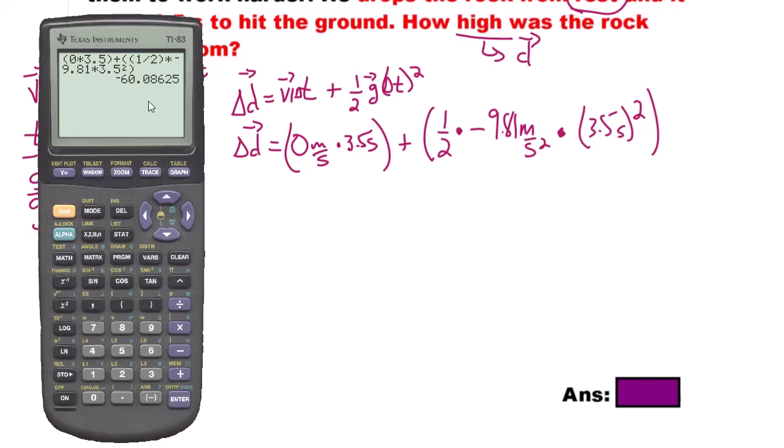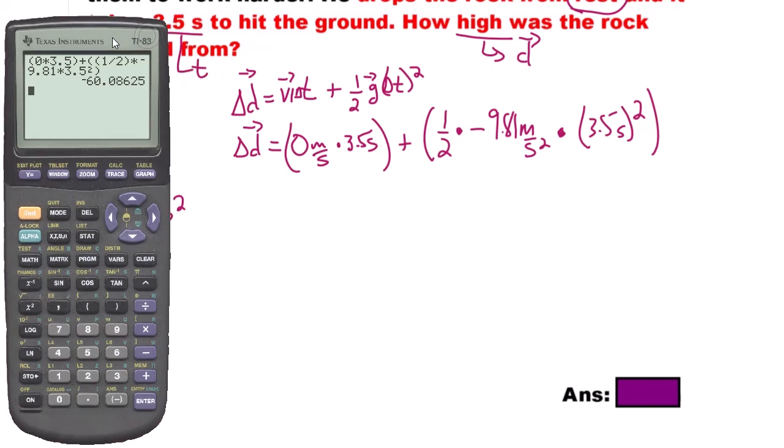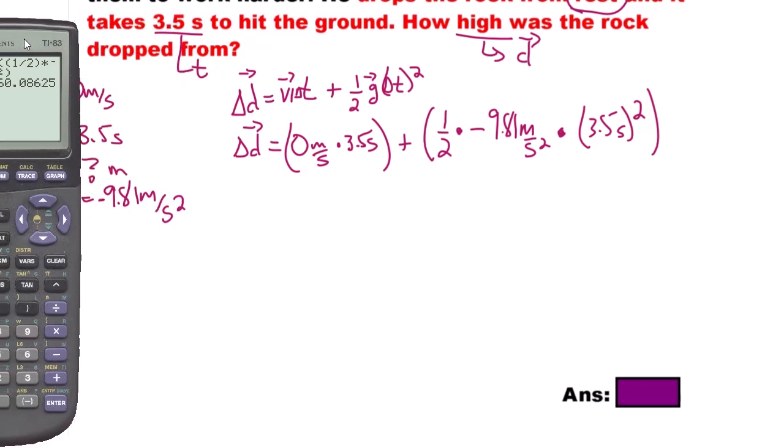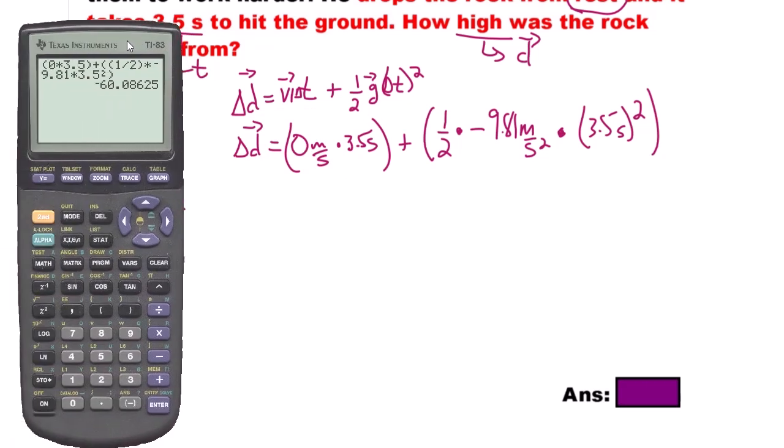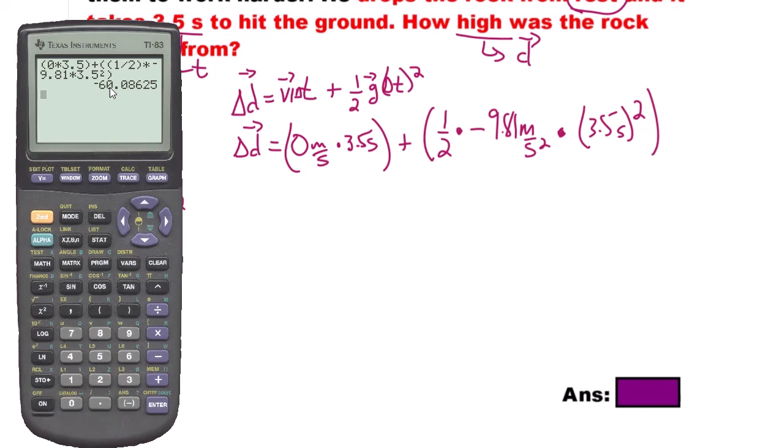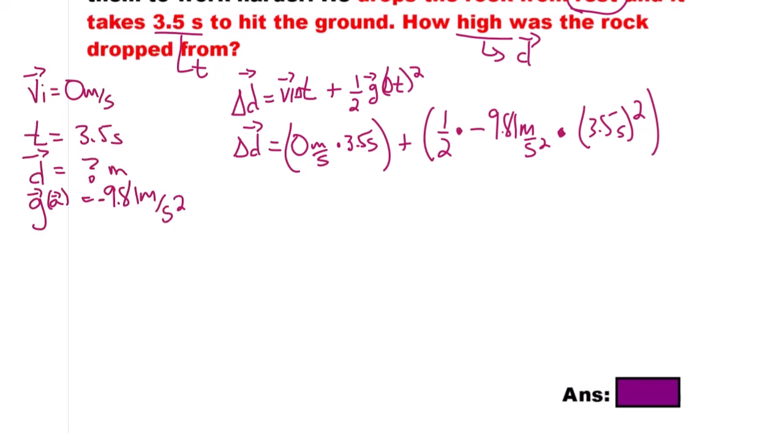So what does that give me? Negative 60.086. Let's see, how many sig digs do I get? 3.5 seconds. So I get 2 sig digs. So this will round to 60. And it means that my rock was dropped from 60 meters up. The displacement ended up at minus 60.